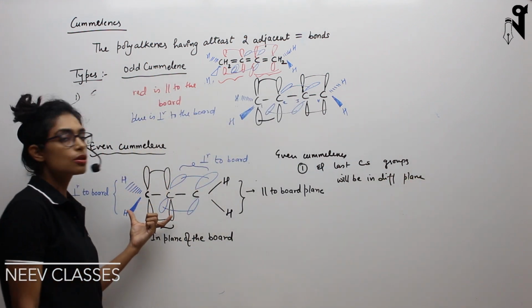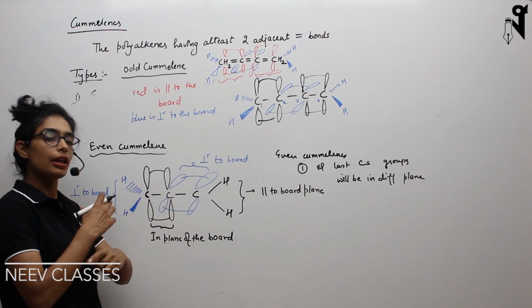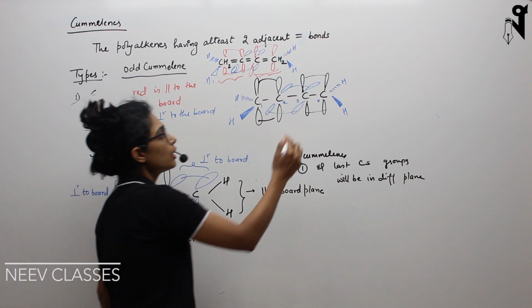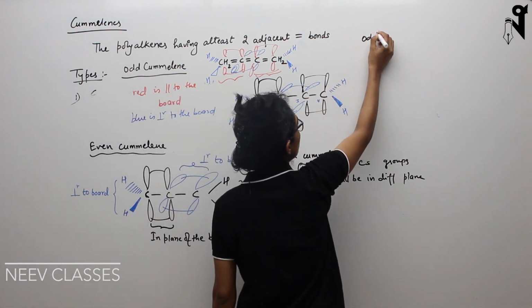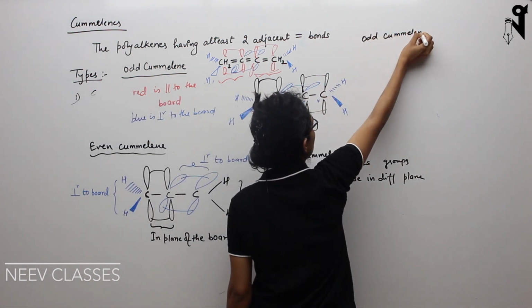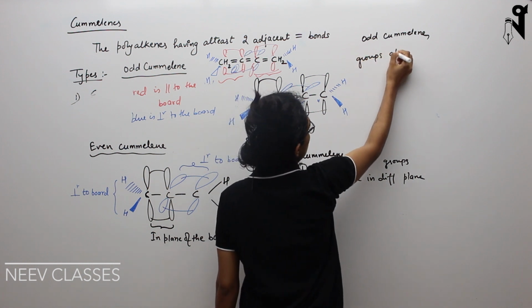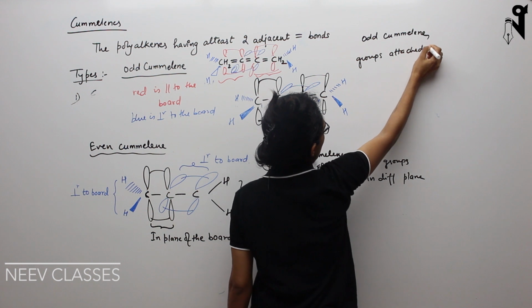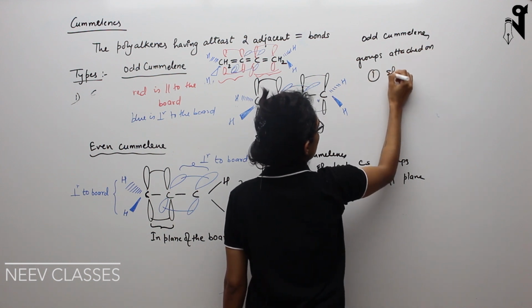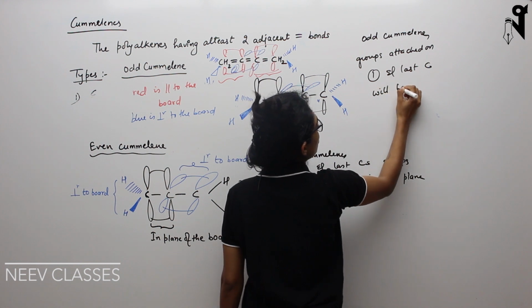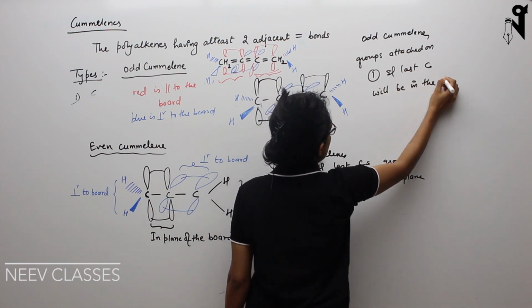I have shown you the smallest cumulene, but for any cumulene you take, the structure is going to remain in a similar fashion. Okay, in a similar way, for the odd cumulene, the groups attached on the first and last carbon will be in the same plane.